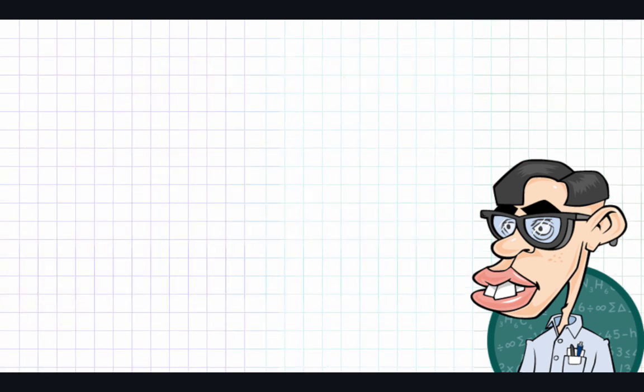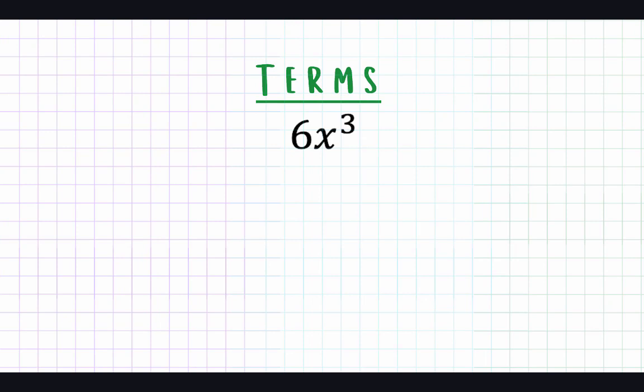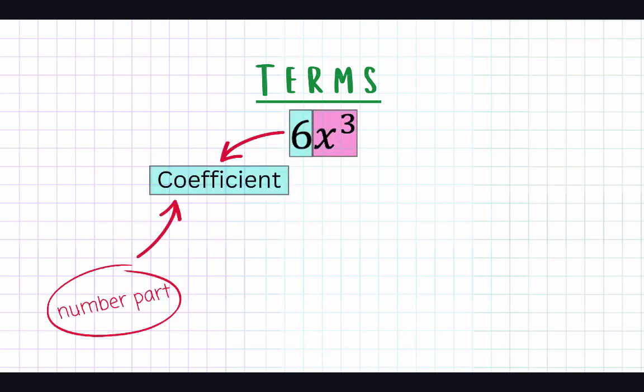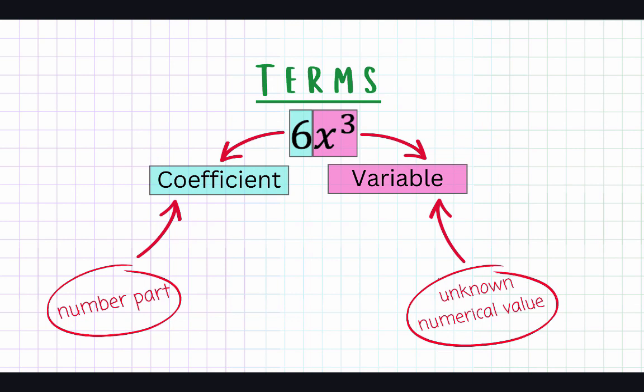Now, before we can understand what polynomials are, we first need to learn about what mathematicians call terms. In algebra, terms are mathematical expressions that are made up of two different parts, a number part and a variable part. In a term, the number part and the variable part are multiplied together.